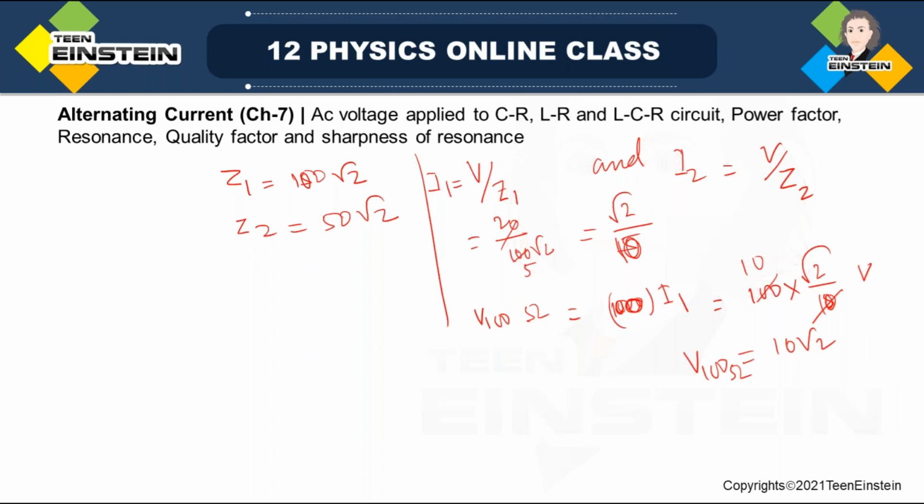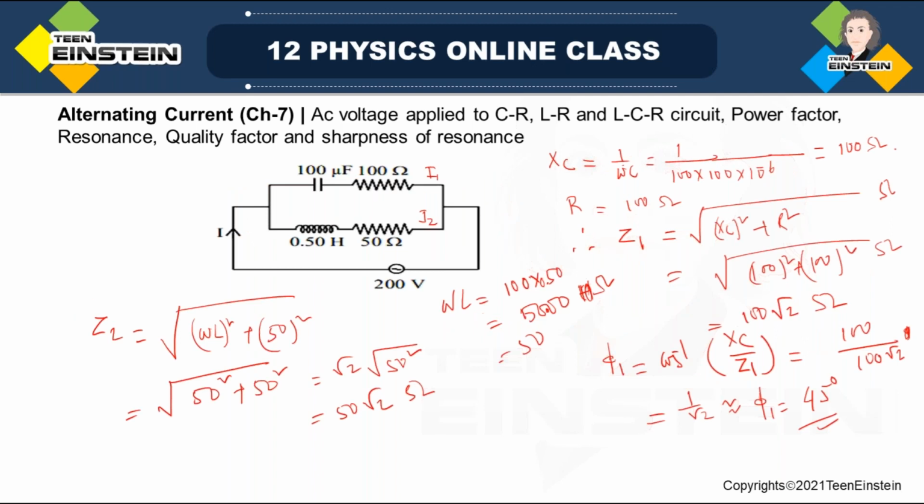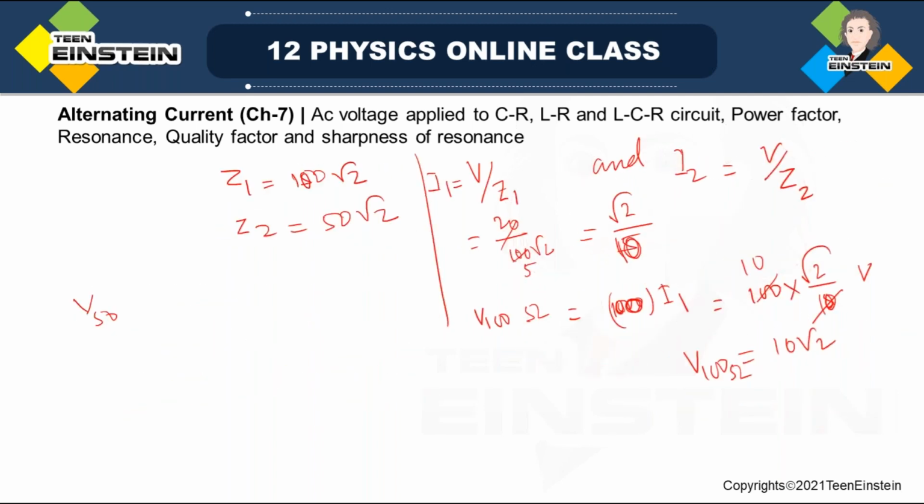Now similarly, if we want to find out V50, that means through the other branch, V across 50 ohm will be 50 into I2. I2 is I hope this is okay.